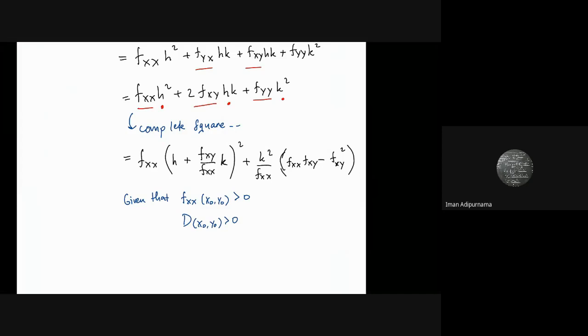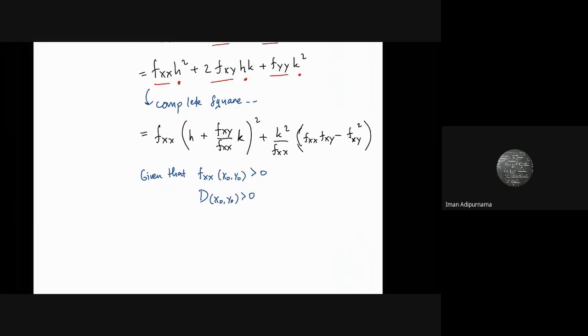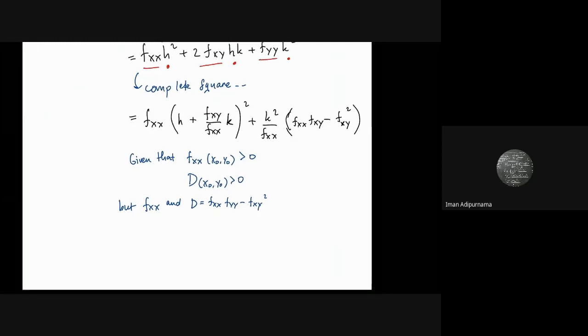Okay, but partial x x and d equal to f xx f yy minus f xy squared, let me write the formula.